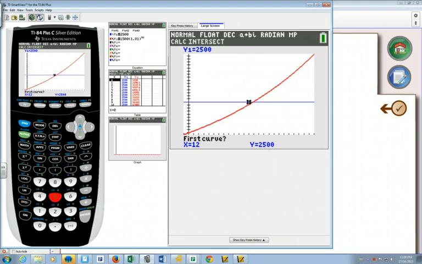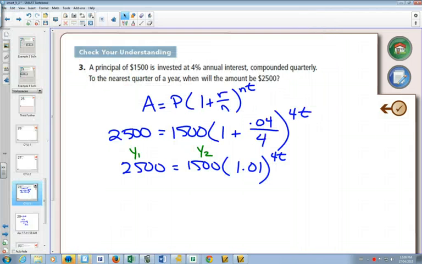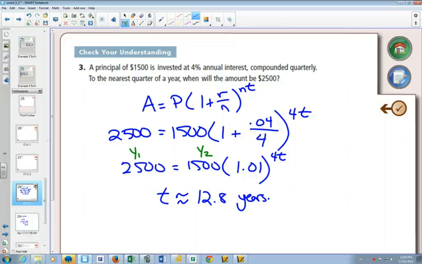Number 5, enter, enter, enter, and at 12.8. So this would indicate 12.8 years is when the amount will be at 2,500.